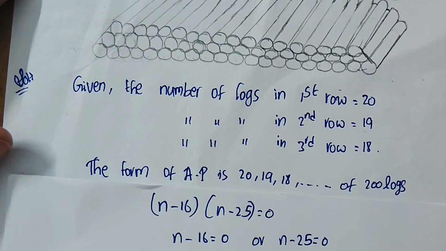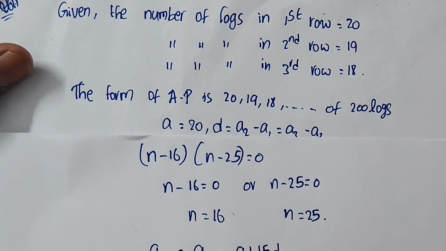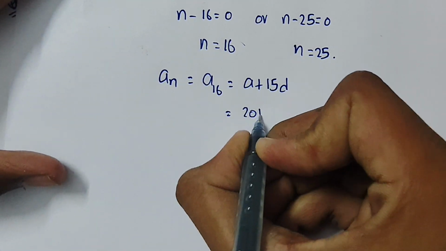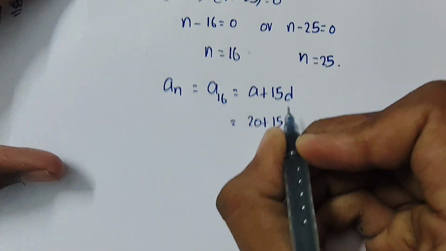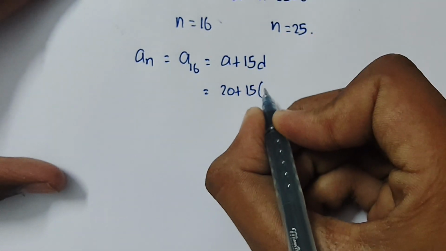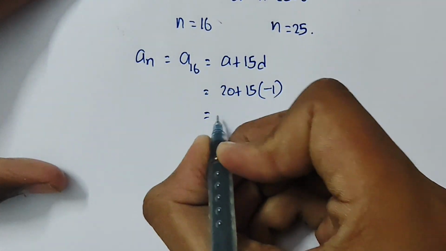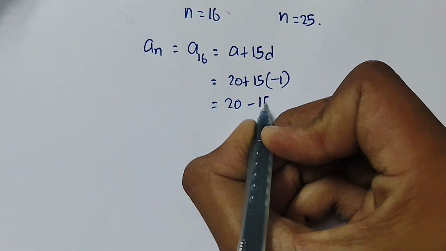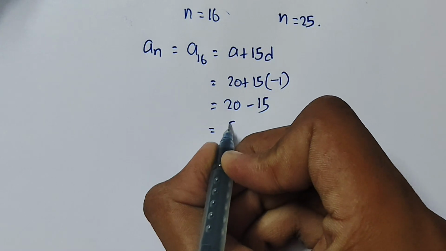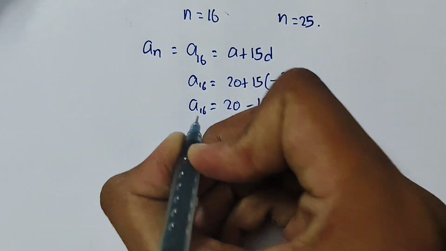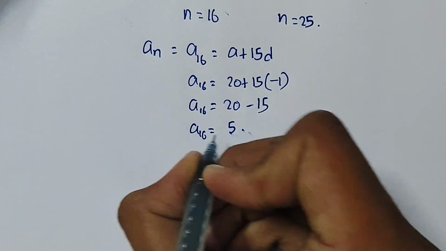The value of a we know is 20, plus 15 into the value of d, which is minus 1. So equals 20 plus minus 15 ones are 15. 20 minus 15 means we get 5. So a base 16, the 16th term, is 5.